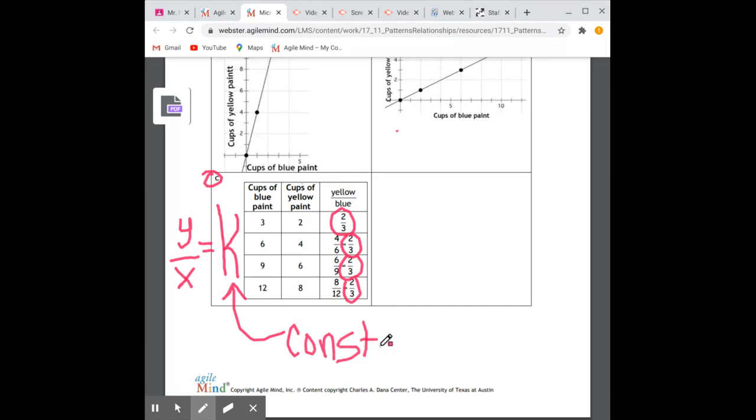So what algebraic rule could we write for this? What would y be equal to? Look back at A and B if you need help.